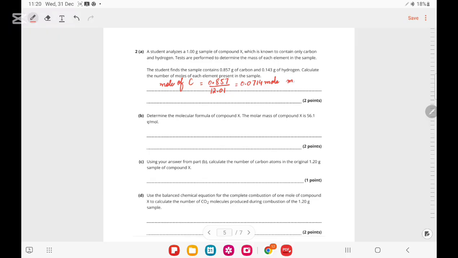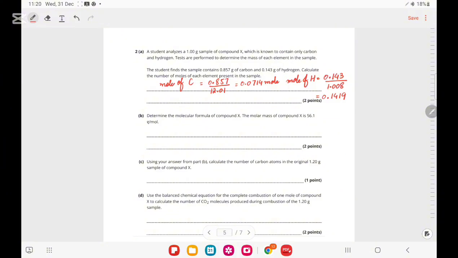And the mole of hydrogen will be how much? Mass divided by molar mass, 0.143 divided by molar mass, which is 1.008, and that comes out to be 0.1419 moles. Determine the molecular formula of the compound X.